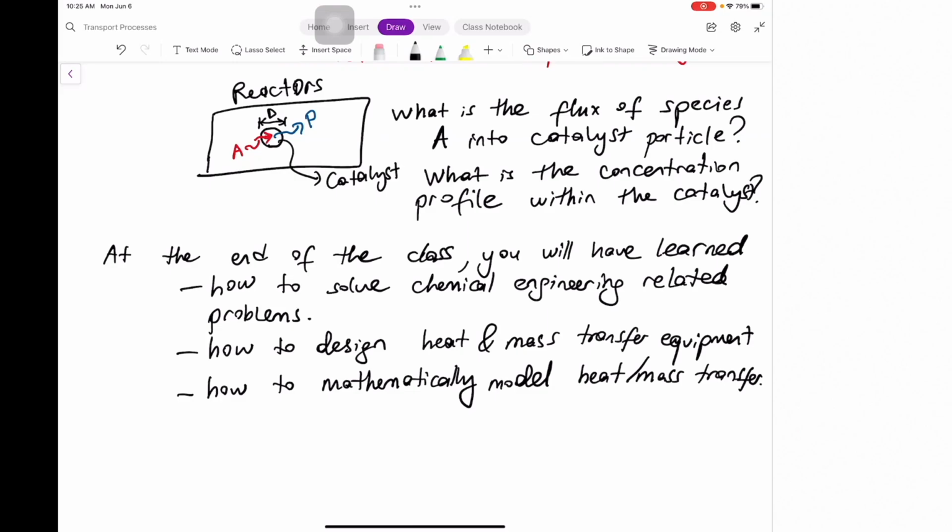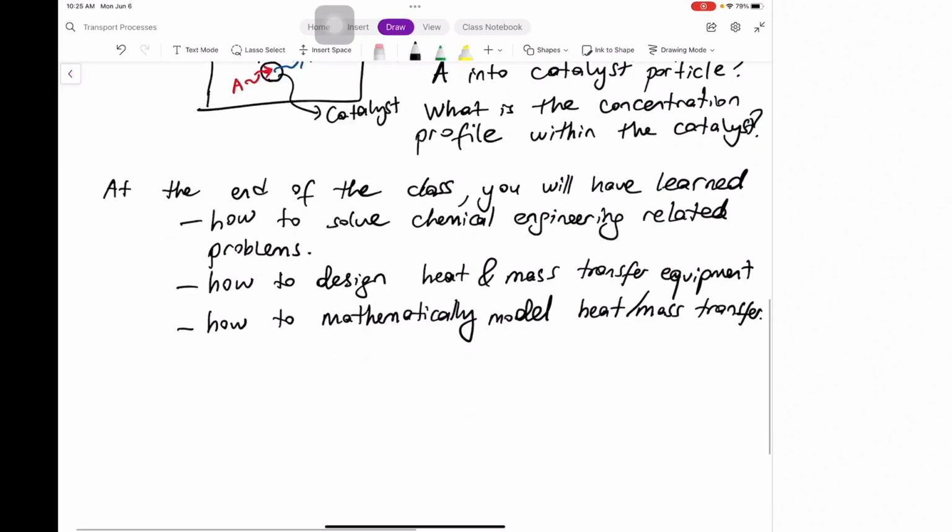The mathematical knowledge that you learn to solve heat transfer problems can be transferable to the mass transfer and momentum transfer problems. That's the good news. So we're going to deal with similar mathematics and a similar type of procedure.